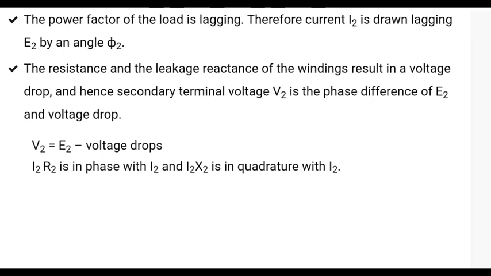The resistance and the leakage reactance of the windings result in a voltage drop, and hence the secondary terminal voltage V2 is the phasor difference of E2 and the voltage drop. V2 is equal to E2 minus the voltage drops. I2R2 is in phase with I2 and I2X2 is in quadrature with current I2.